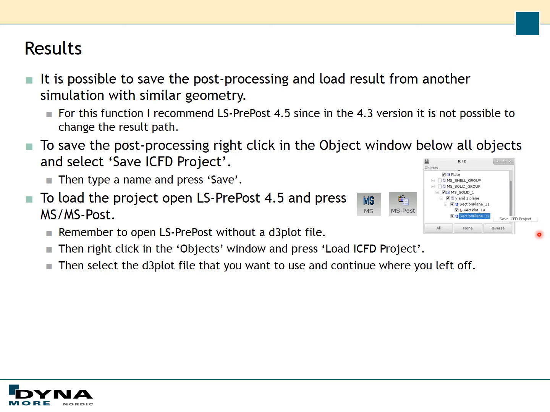So just open LS-PrePost and then go to the MS Post window by clicking MS and MS Post, then right click in the object window and select Load ICFD project, and then you will get a pop-up window where you select the d3plot file that you want to be loaded.